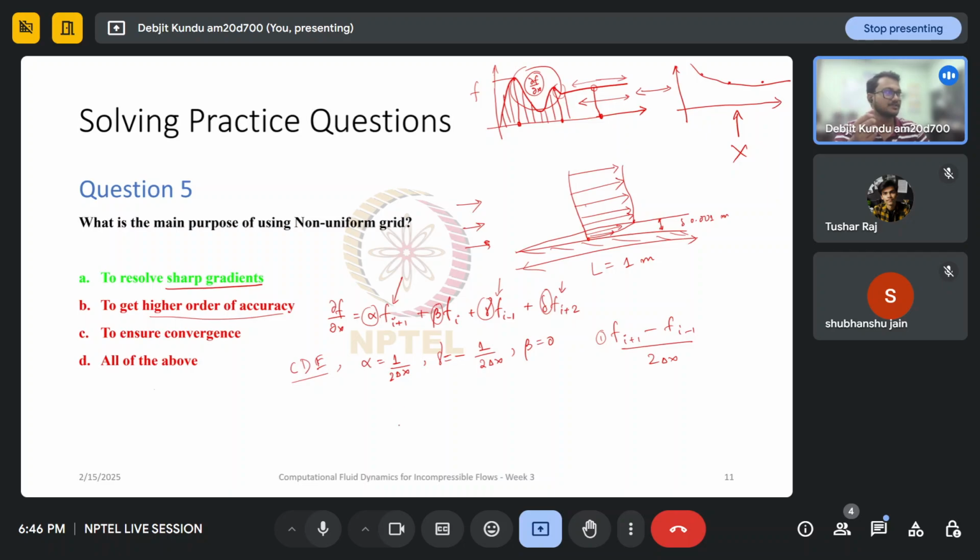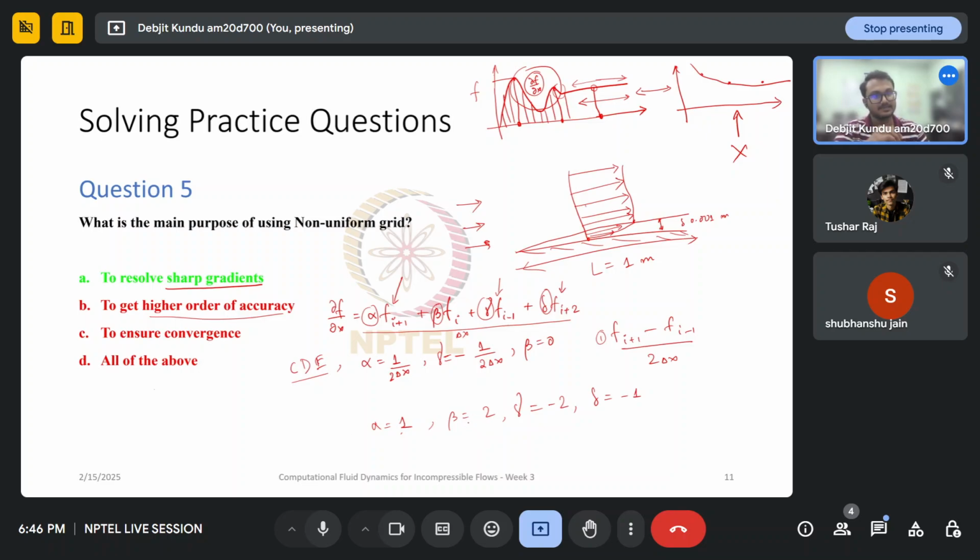It might give you something like, and this is not a true example, alpha equal to 1. Forget delta x for a moment. Let's say alpha equal to 1, beta equal to minus 2, gamma equal to minus 2, and delta equal to minus 1, something like this, or beta equal to plus 2.